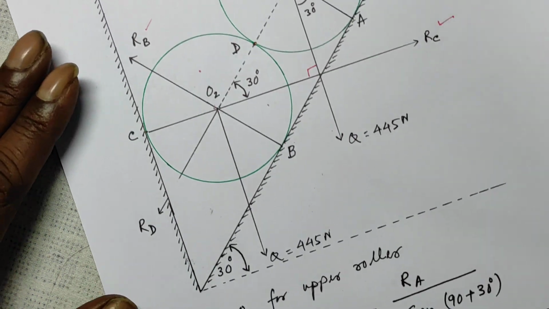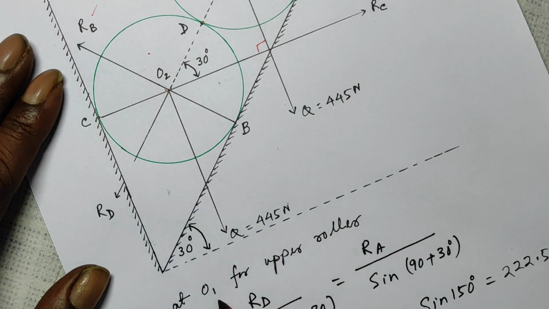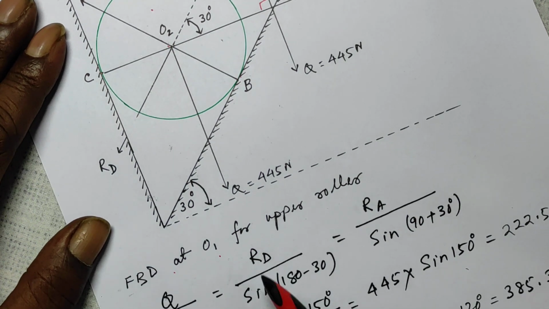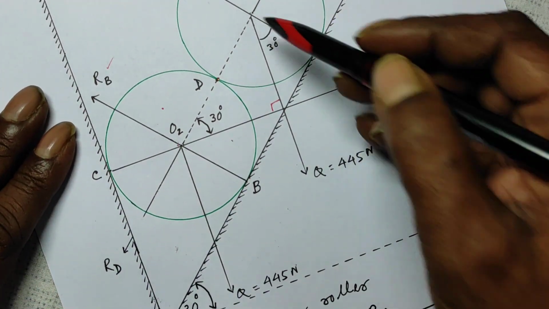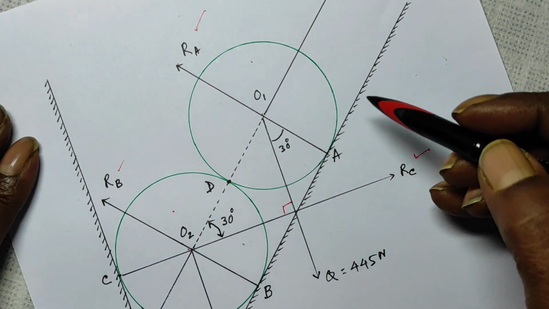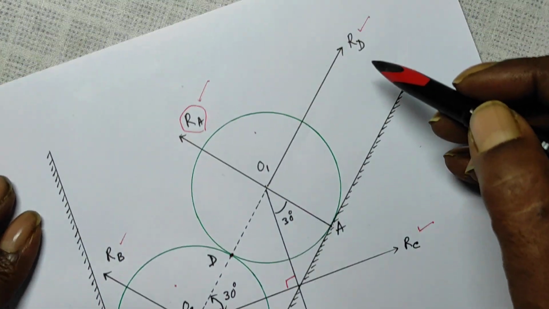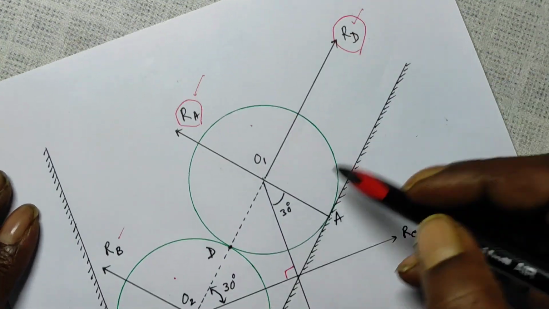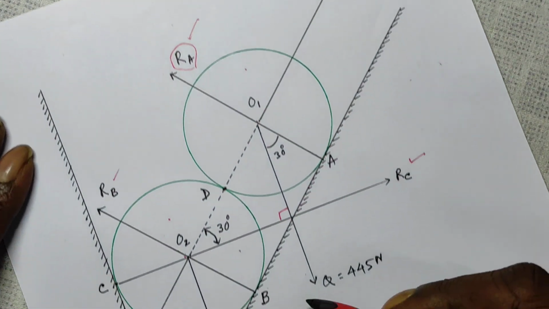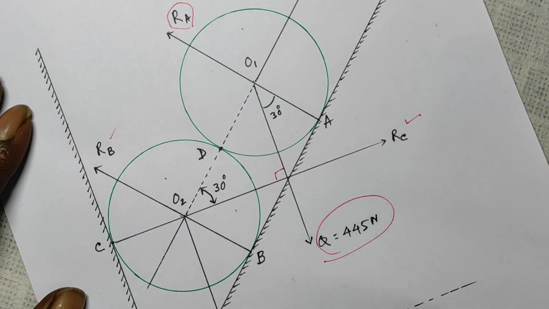Now let us draw the free body diagram at O1. Through O1, there are three concurrent forces: RA, RD, and the weight Q is equal to 445 Newton.